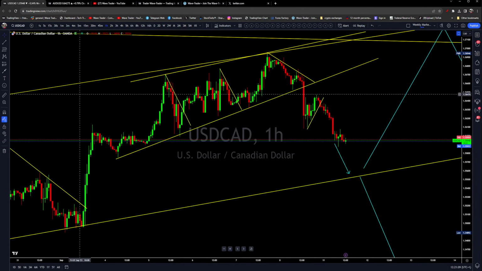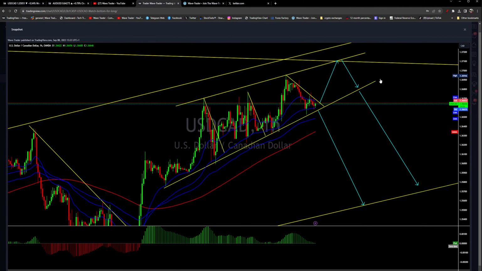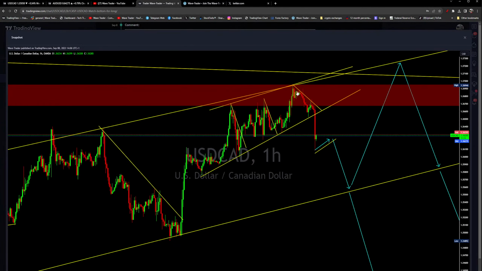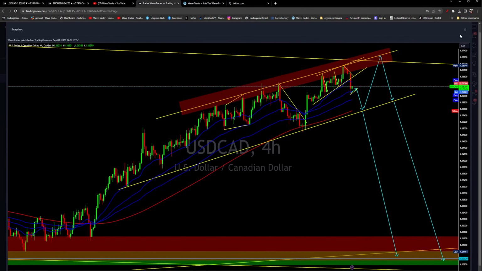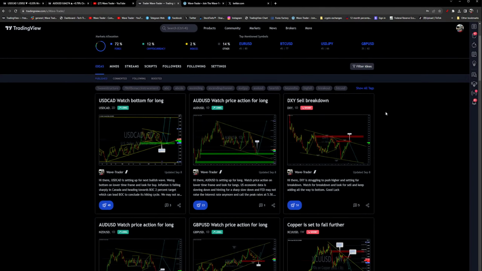We have seen that correction broken down nicely, and another one is forming for the next breakout. Prices are falling within the 4 hour time frame. This correction is broken, the next one is appearing, and prices are falling within the moving averages.